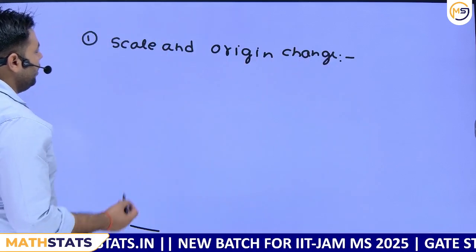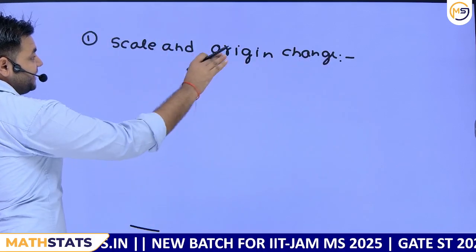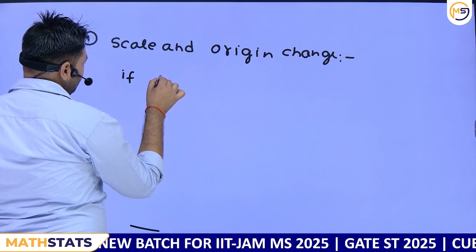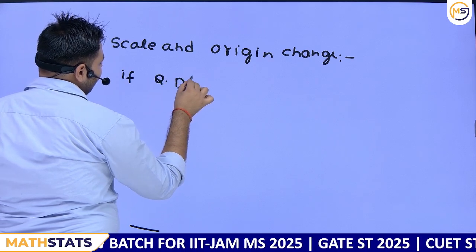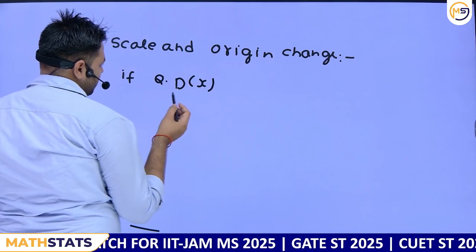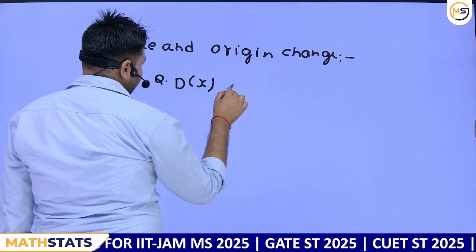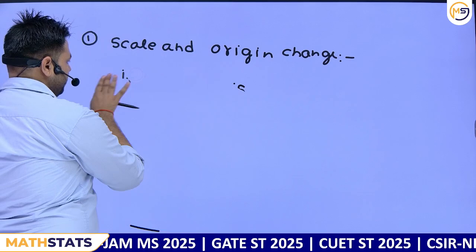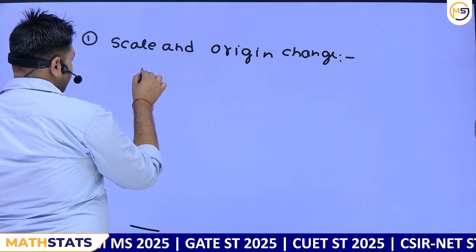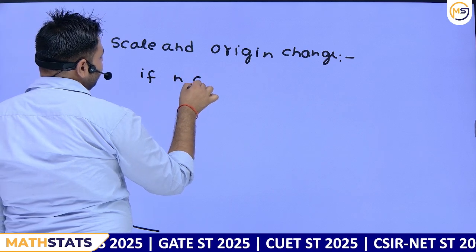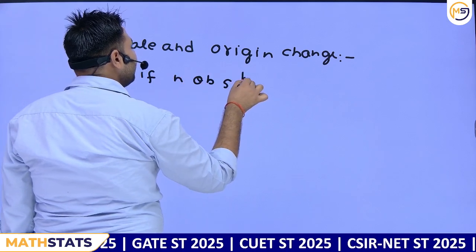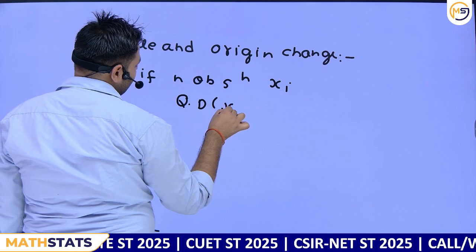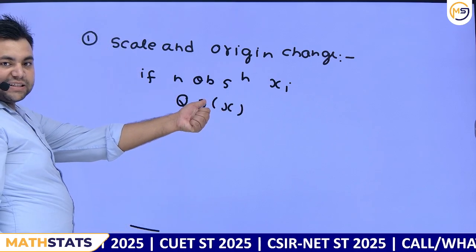Okay, now properties of quartile deviation. The first property is scale and origin change. If we have an observation xi and the quartile deviation of this x equals QD of x, okay, this is the quartile deviation of x.